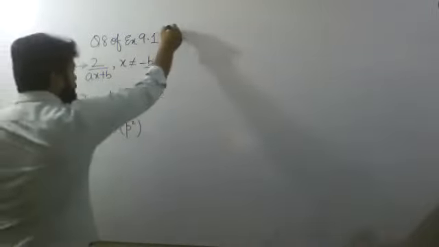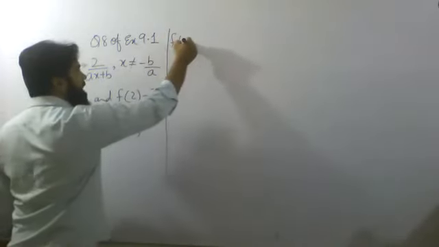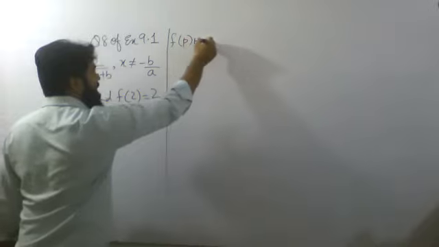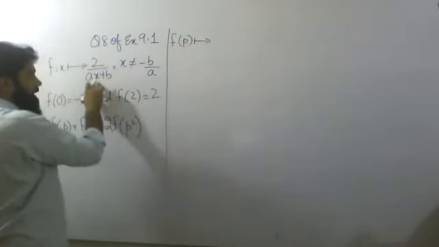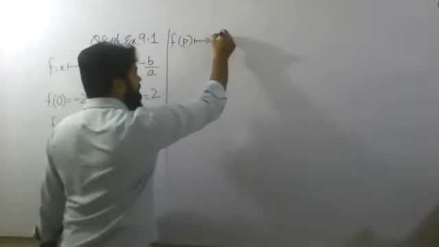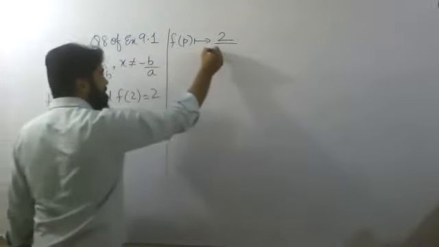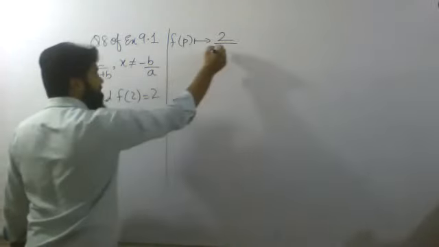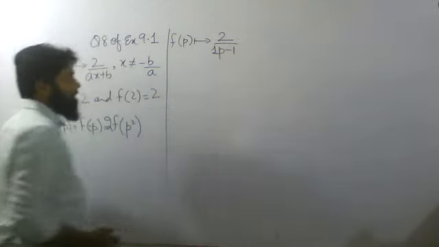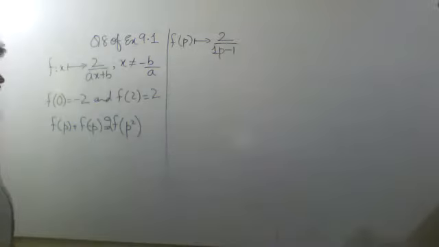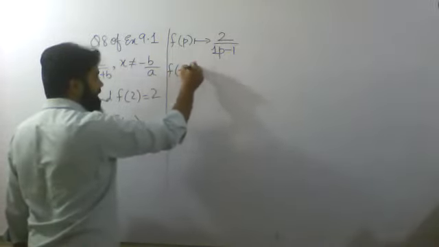Right. So first of all, function of p. Function of p means every x will be replaced by p. 2 upon a was 1, p and b was minus 1. Okay. Function of minus p.